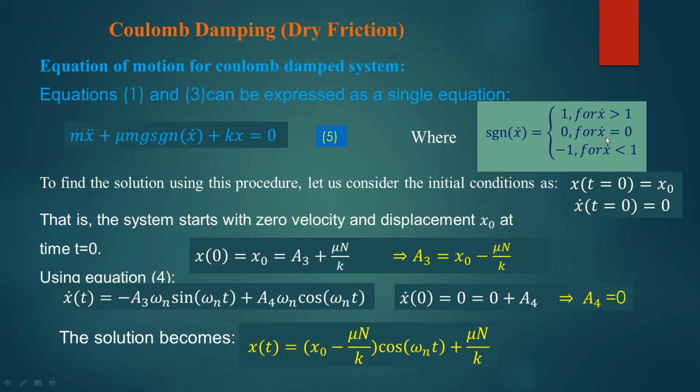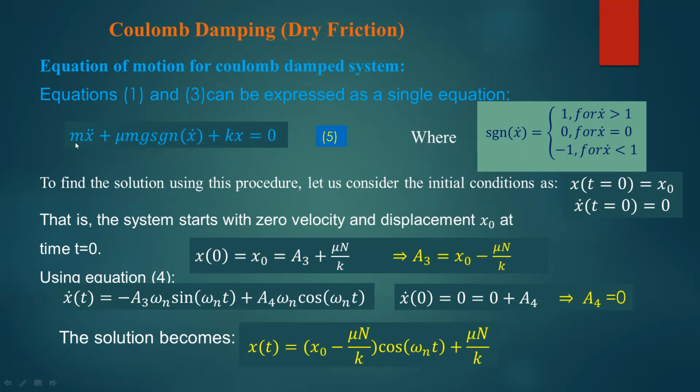It is 0 for x dot equal to 0. And it is minus 1 for all x dot less than 0. For the negative velocity component, it is minus 1. For the positive velocity component, it is 1. So it is in between 1, 0, and minus 1.